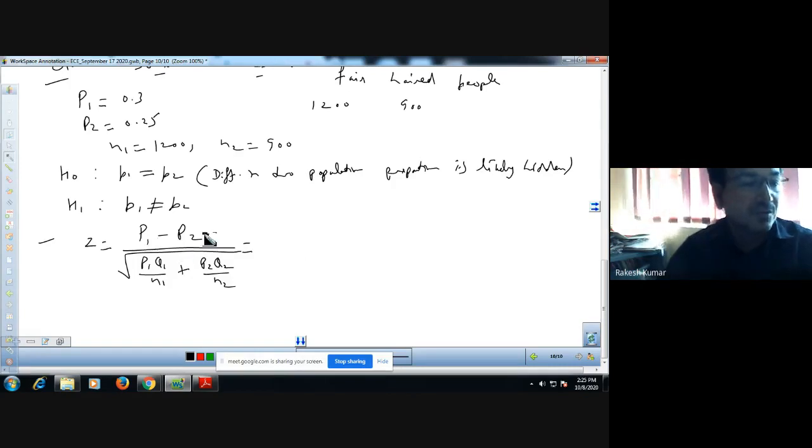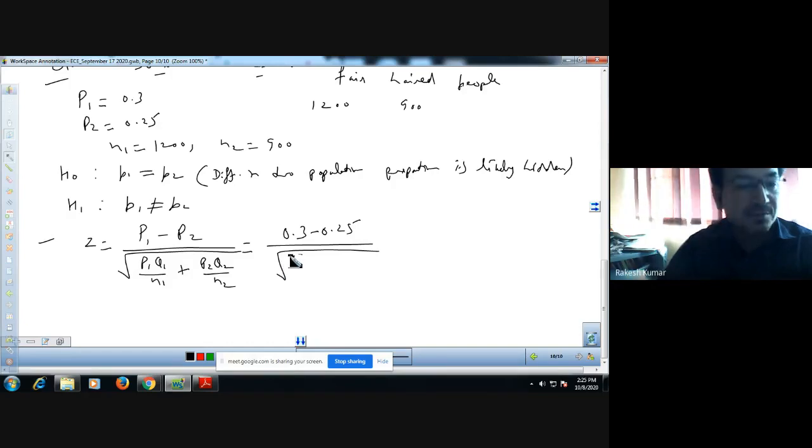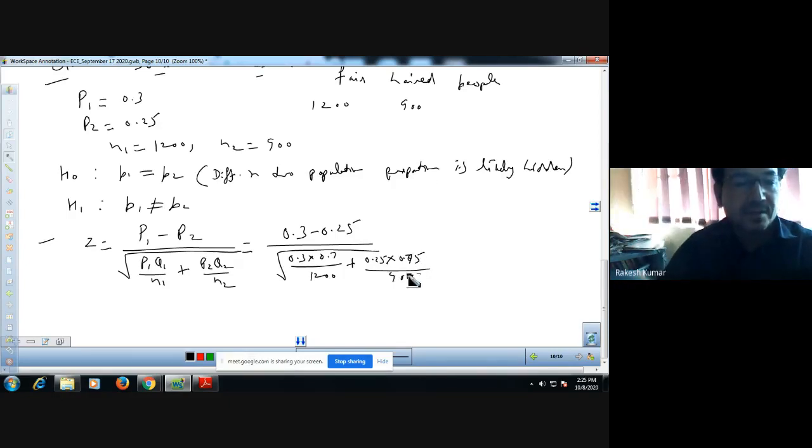This is also a question of difference of two samples. So you can substitute the values 0.3, 0.25, and 0.3 into 0.7 divided by 1200 plus 0.25 into 0.75 divided by 900.